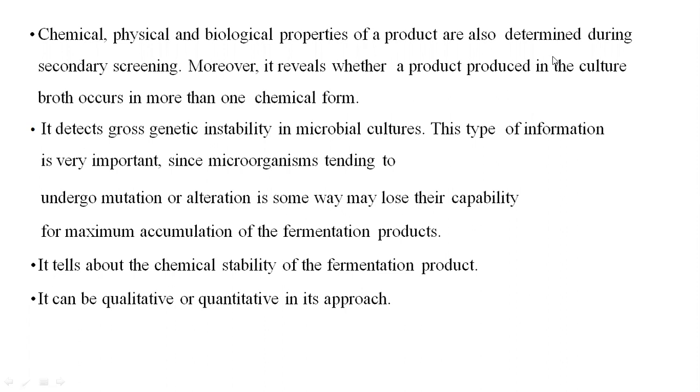This type of information is very important since microorganisms tending to undergo mutation or alteration in some way may lose their capability for maximum accumulation of the fermentation product. So this we can study during the secondary screening only. It tells about the chemical stability of the fermentation product too. It can be qualitative or quantitative in its approach.